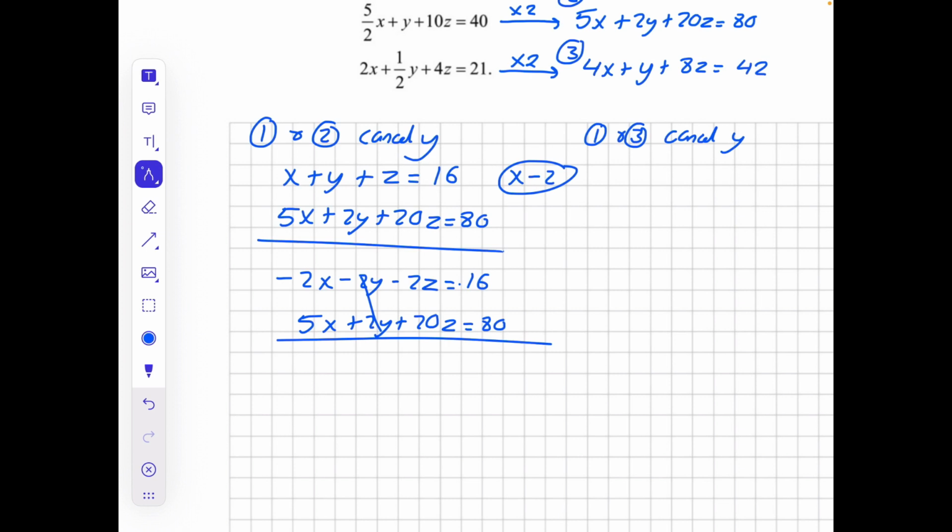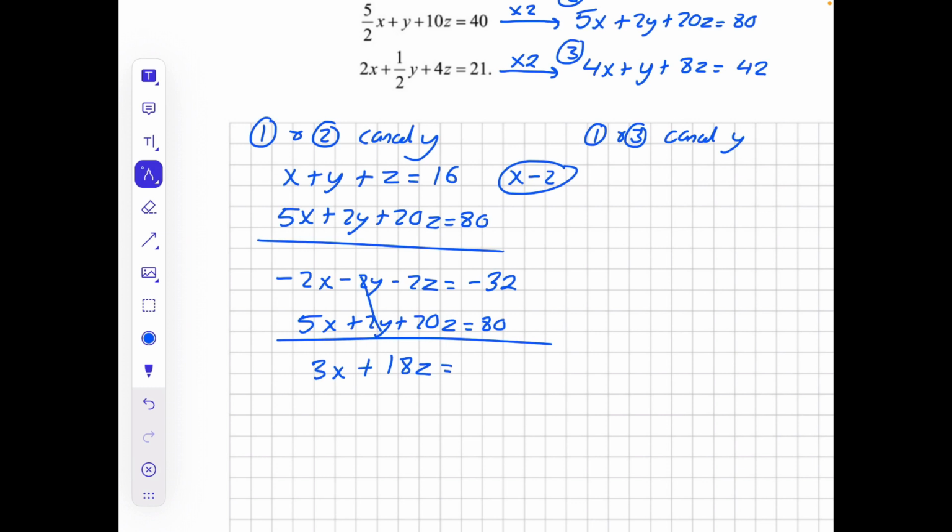Okay, y's cancel. Minus 2x plus 5x will give me 3x. Plus minus 2z plus 20z will be 18z. Is equal to, sorry, now I've just made a very common error there. I never multiplied this 16 by -2, so that should be minus 32.